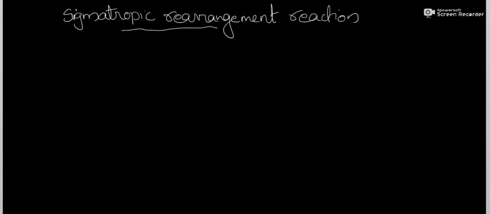Next is sigmatropic rearrangement reaction. We know that it is an intramolecular reaction, an isomerization reaction. Examples for sigmatropic rearrangement reactions are 1,3 sigmatropic rearrangement, 1,5 sigmatropic rearrangement, 1,7 sigmatropic rearrangement, 3,3 sigmatropic rearrangement, Cope rearrangement, Claisen rearrangement, etc. Now we have to discuss the mechanism of sigmatropic rearrangement reaction, that is again the FMO method proposed by Woodward and Hoffmann.